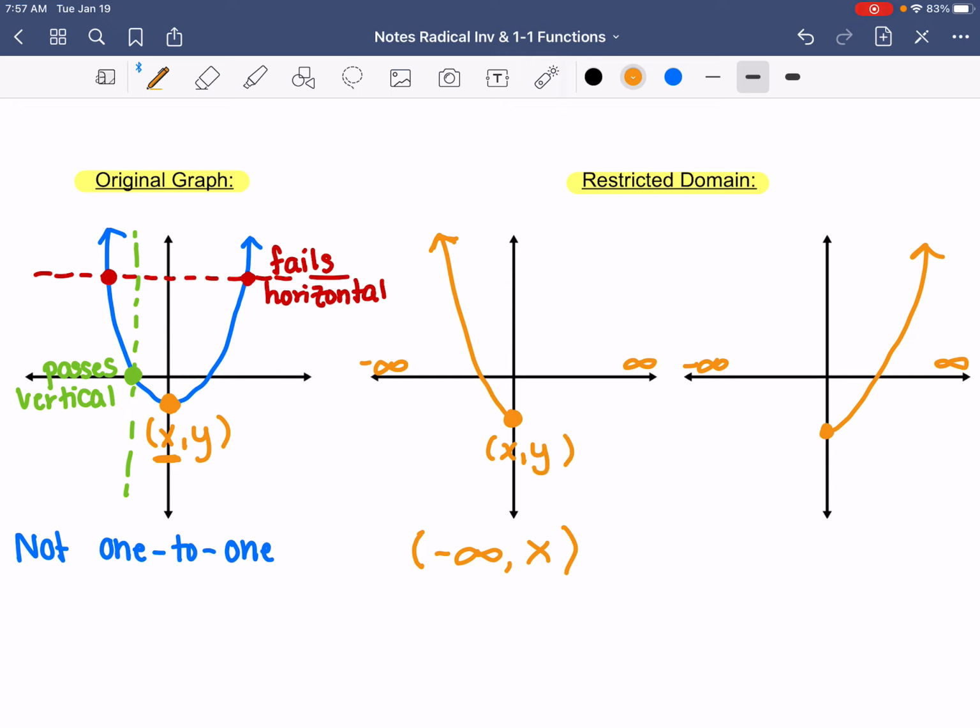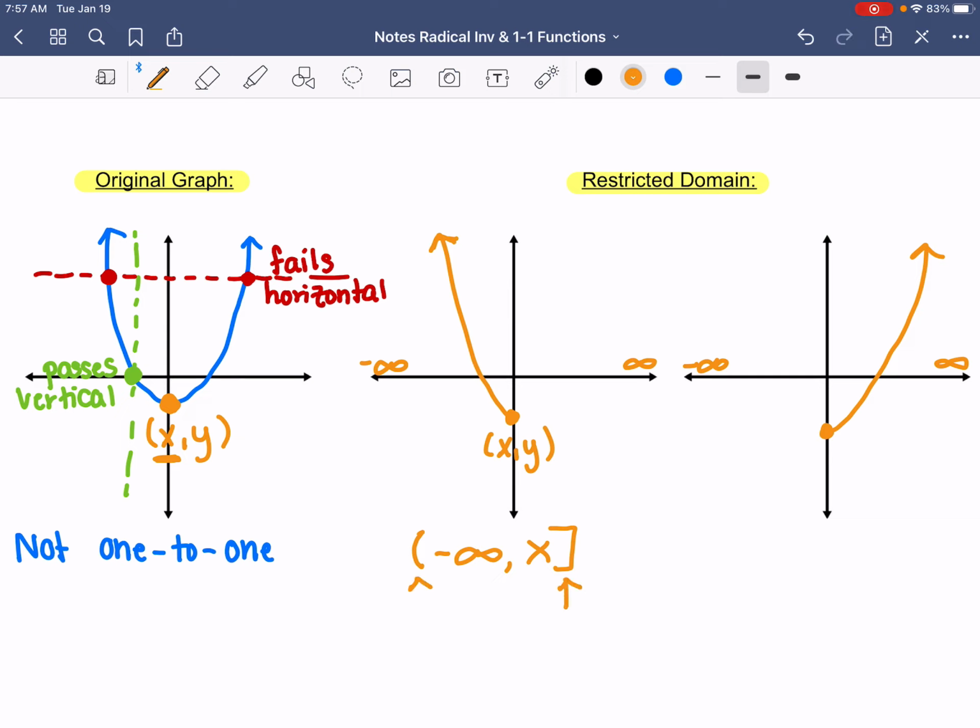For our x, you're going to put a bracket on the other side. What this means is that a bracket means like a closed circle on the graph, and a parenthesis means like an open circle on the graph, or a greater than or equal to. This would mean an or equal to.